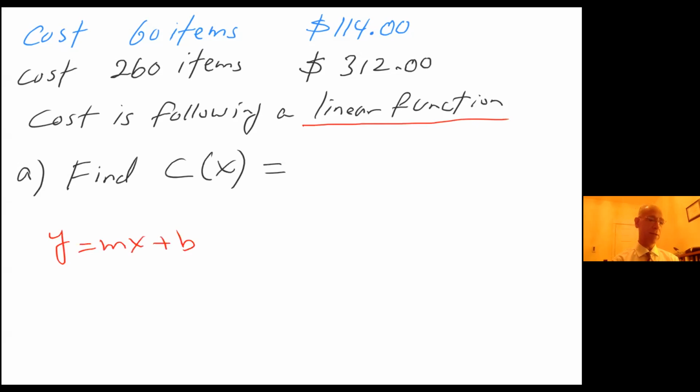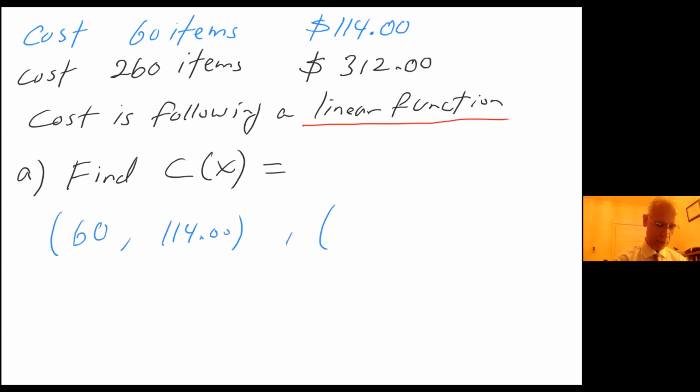So the first thing that I need to find out is what is the slope for my function? Look at the given information. I know that 60 items goes to $114. And I know that 260 goes to $312.